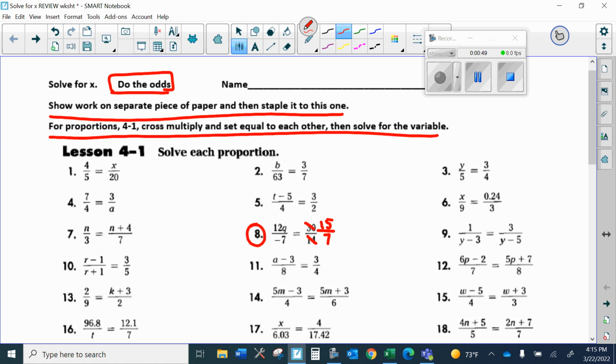Well, notice the only difference between this denominator and this denominator is a negative sign. So I multiply by a negative here, I multiply by a negative up there, it doesn't change. So now I have negative 7s, and so the numerators must be equal. 12q equals negative 15. And last step, divide by 12 and simplify the fraction down to negative 5/4.